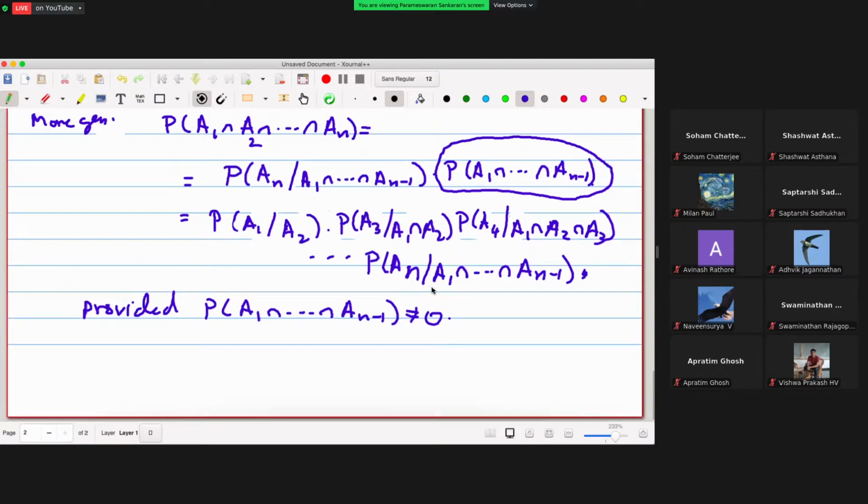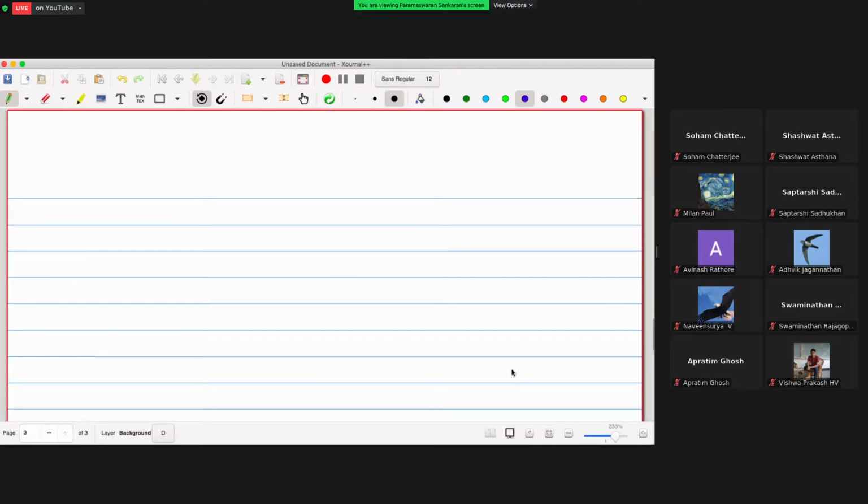So the only thing to prove is, true for the first statement which we made, probability of A intersection B is equal to, this is obvious, probability of A given B times probability of B. So now use induction.